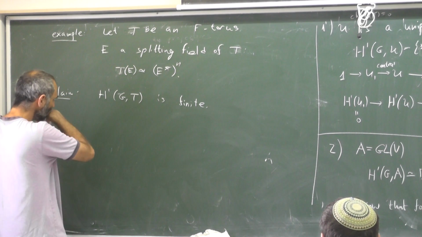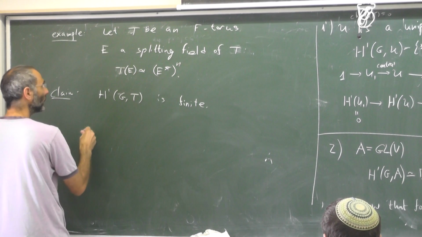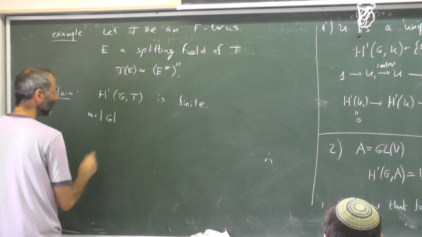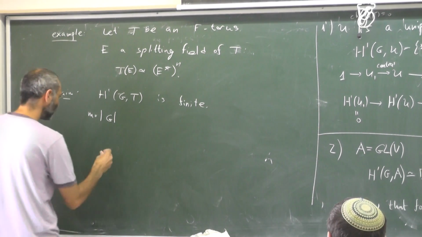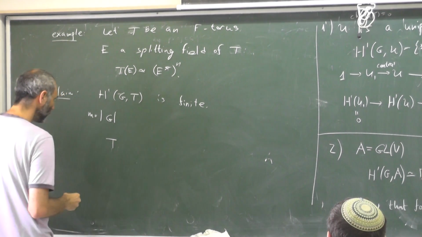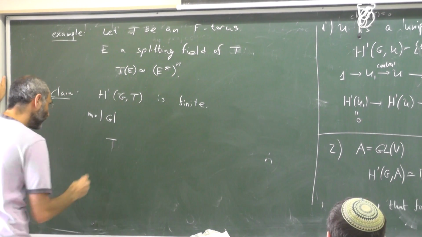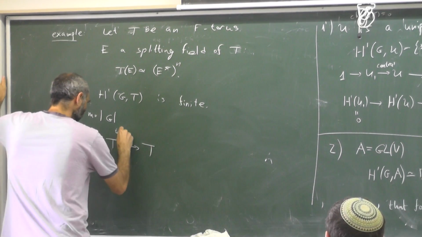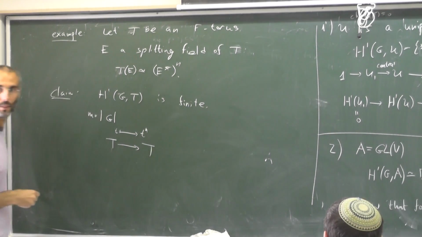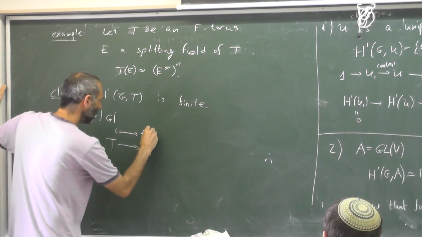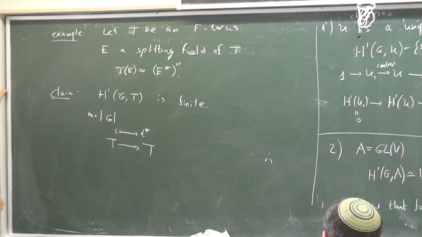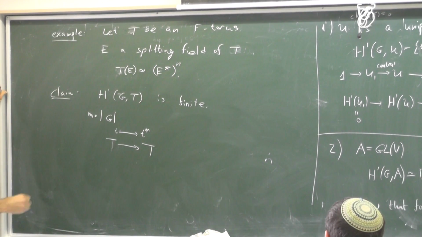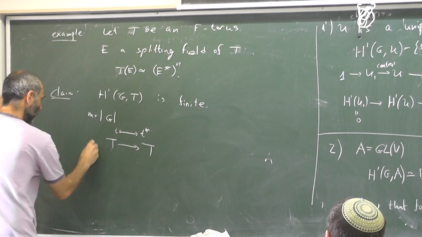Take M to be the size of G, and let's consider T, which is multiplication by M, the M-th power.